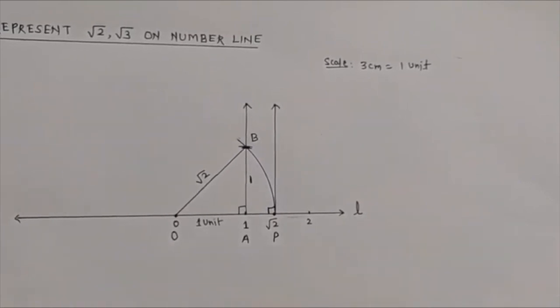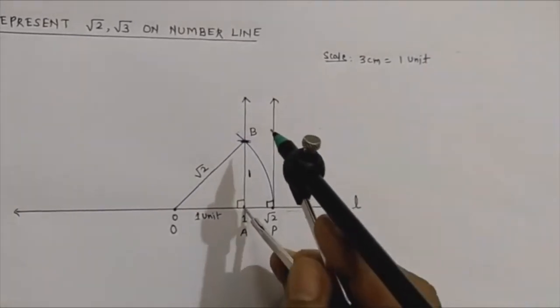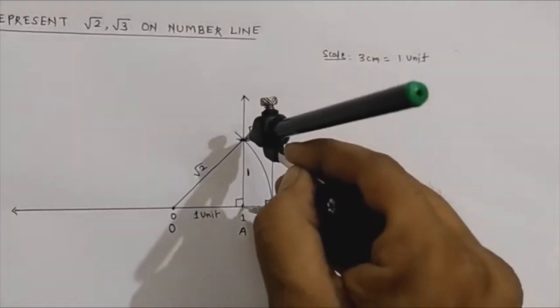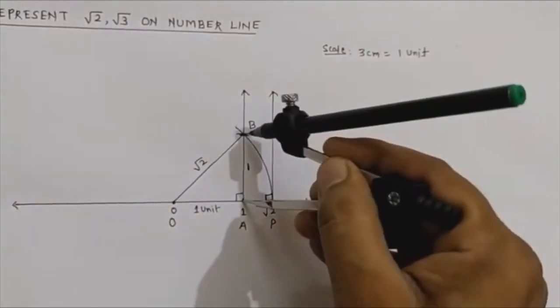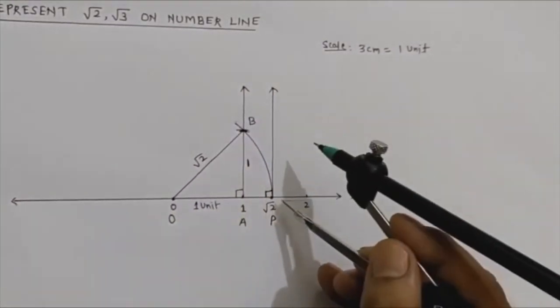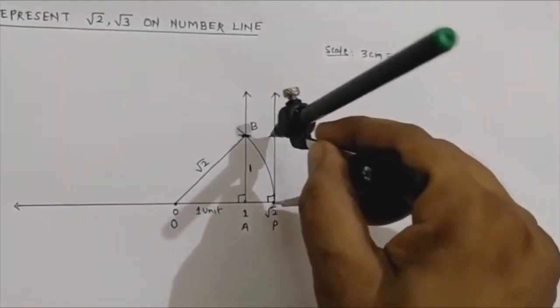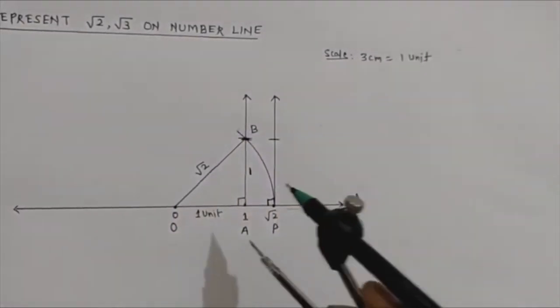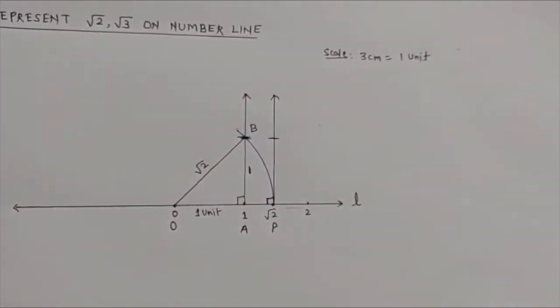After this, now take the same distance, this 1 unit, the distance of A to B. Keep the compass on point P and mark the arc. Same arc you can cut here.